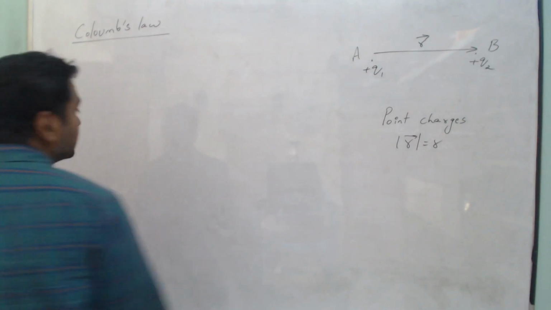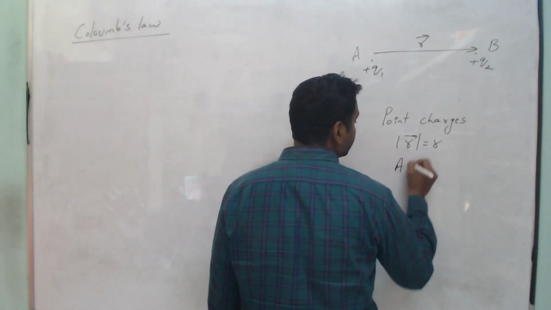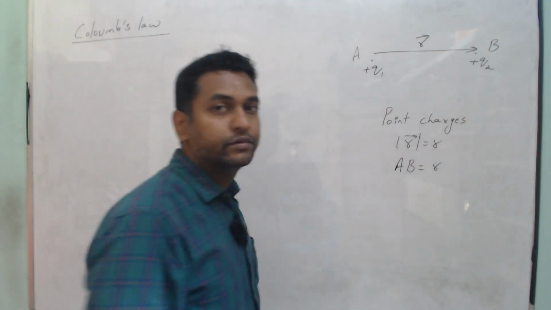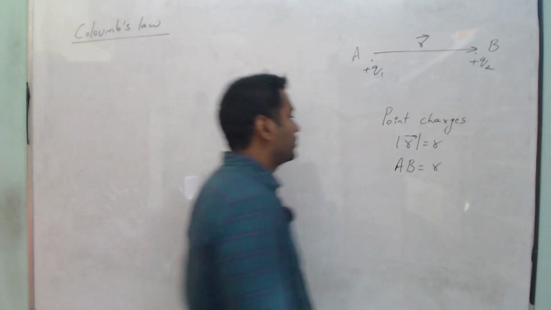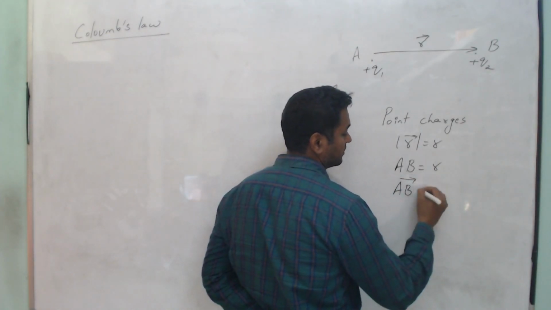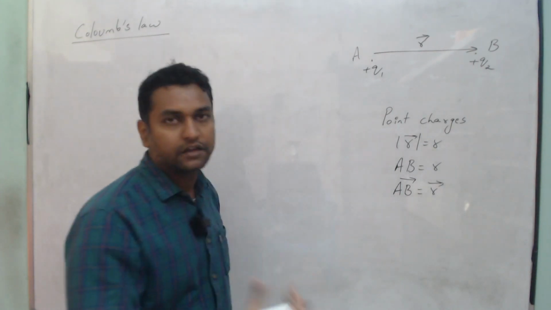So basically the distance between points A and B is r, or in terms of vectors, AB bar is equal to r bar, which is r into r cap.